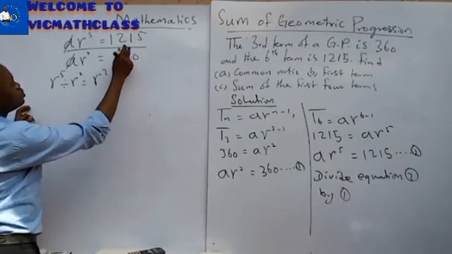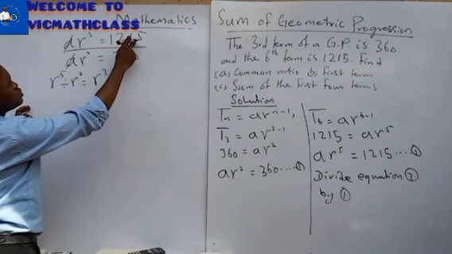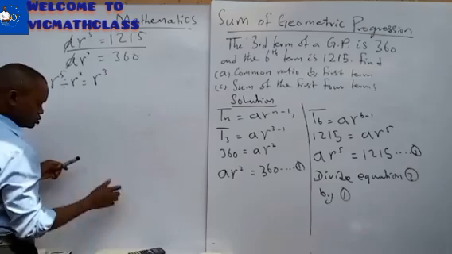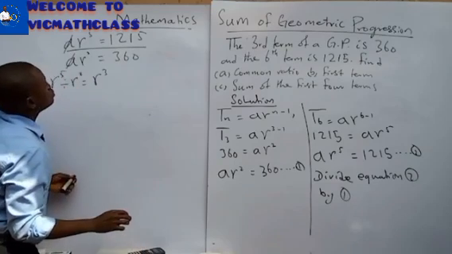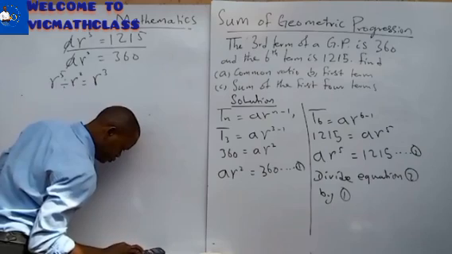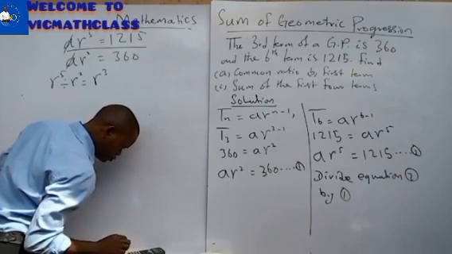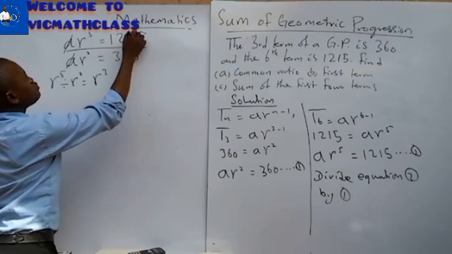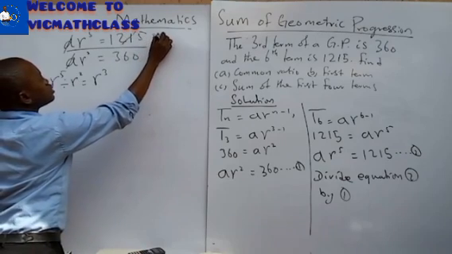Here we go. Let's see how we can reduce this and this. Let me try using 5. 5 divide 1215. 1215 divided by 5 gave me 243. So 5 goes here, 243.